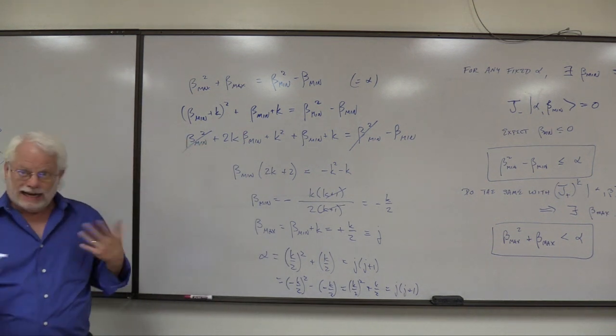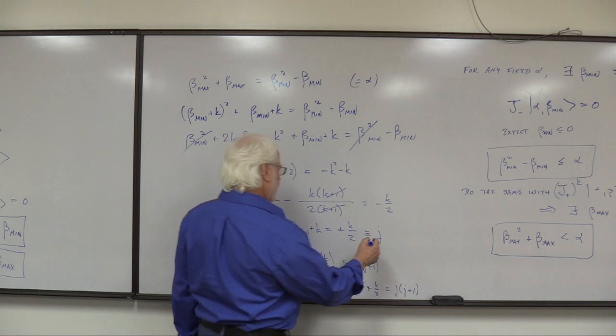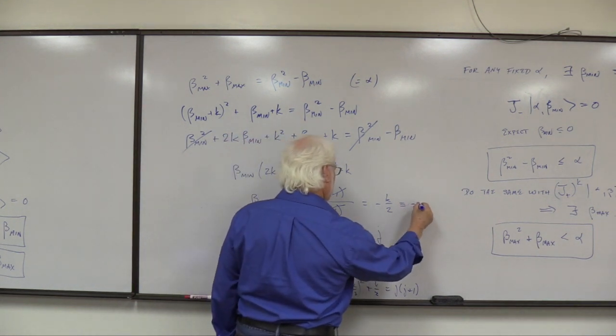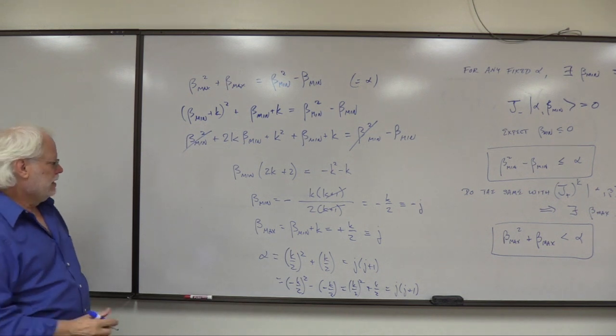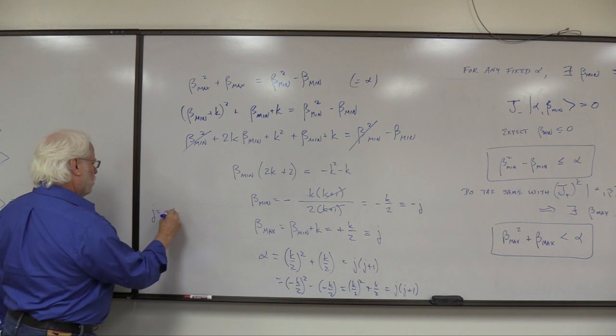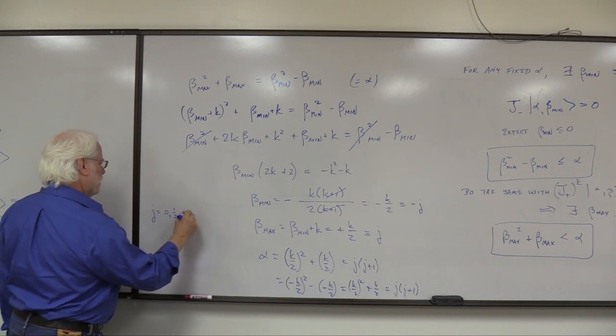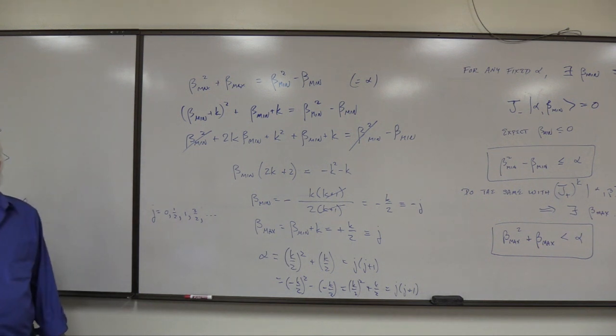Either way we get the same thing. So we're defining k over 2 to be j. So j can be 0, 1 half, 1, 3 halves, and so on. Any half integer.